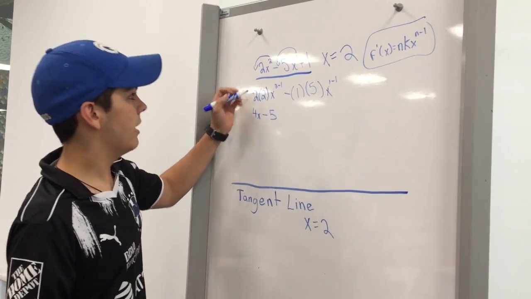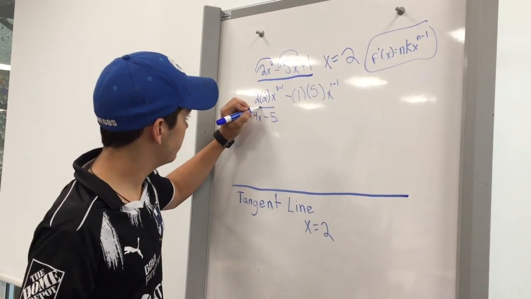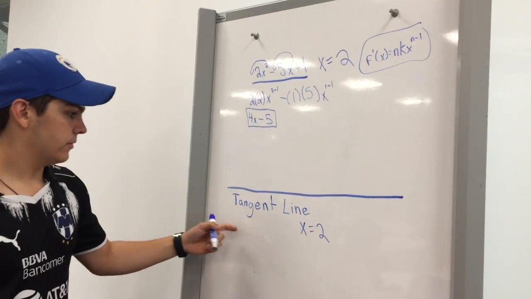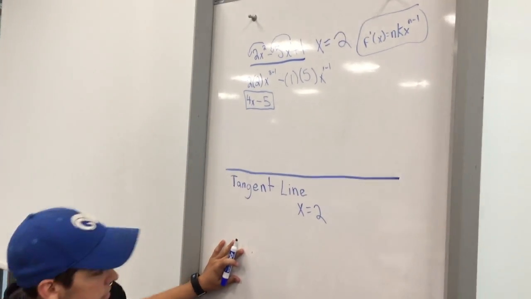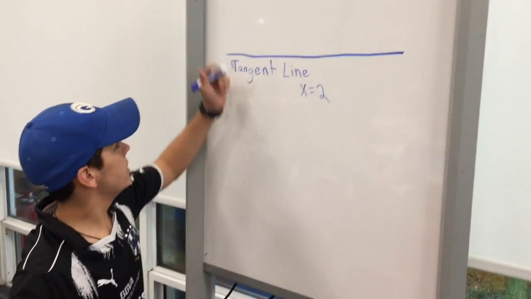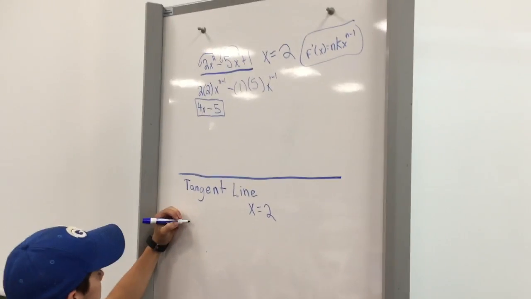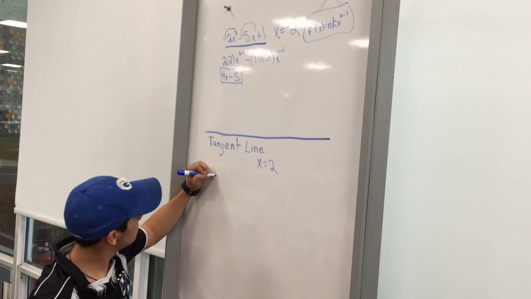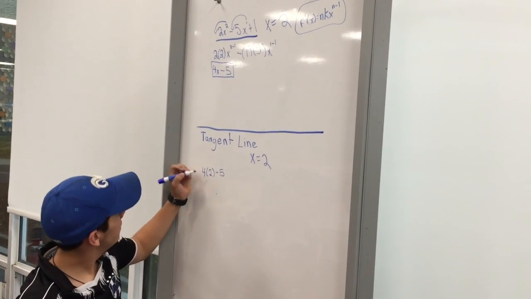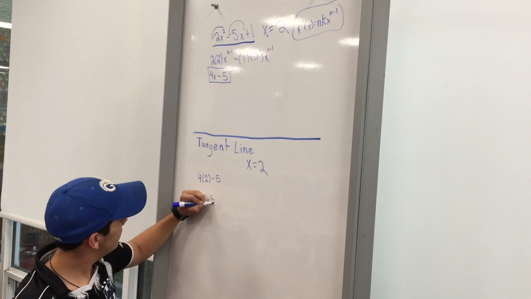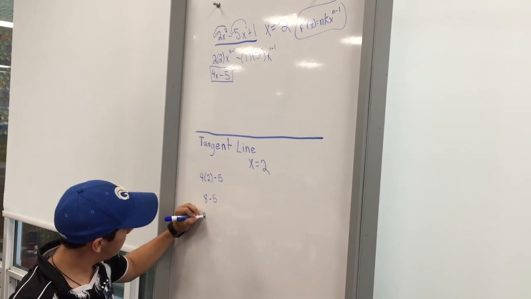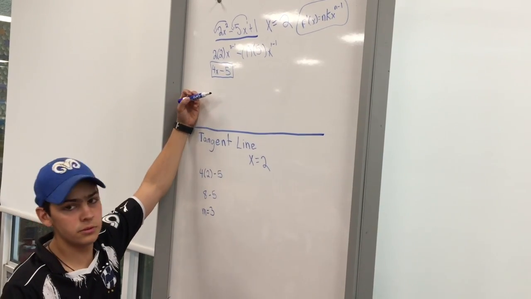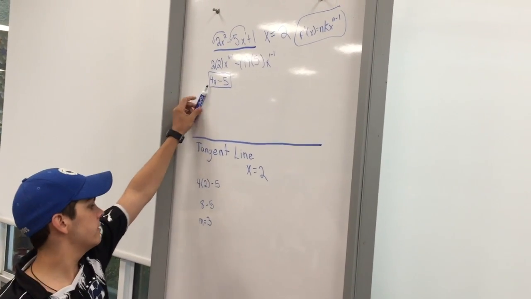So the answer for this is 4x minus 5, and with this answer you have to get the tangent line, whose x equals 2, so you put the function, 4, and you substitute the 2 in the x, so it's 4 times 2 minus 5, which is 8 minus 5, which gives you m equals 3.